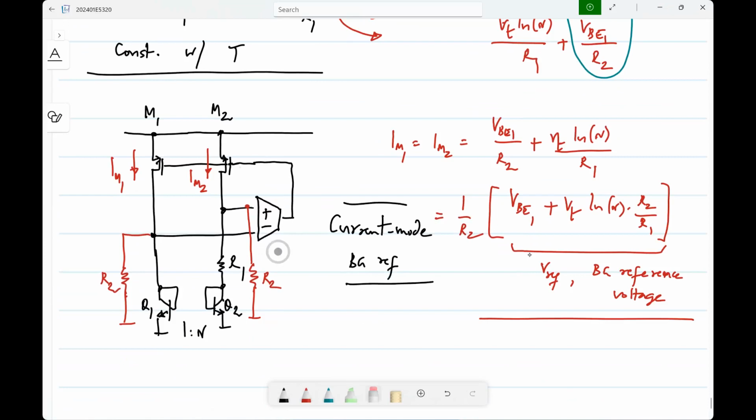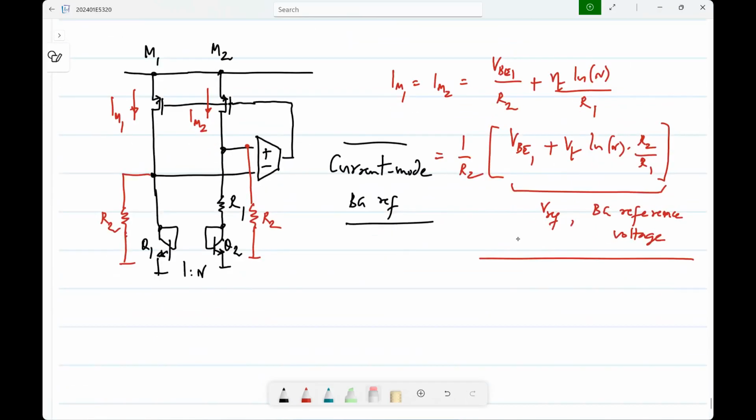Here, you will get constant currents only if the resistors are independent of temperature. But the band gap voltage reference itself does not depend on that because it has VB1 plus this and a resistor ratio. So if both resistors have the same temperature coefficient, they will cancel out. That's why the reference voltage can be made more accurate. It doesn't depend on the temperature coefficient of the resistor.